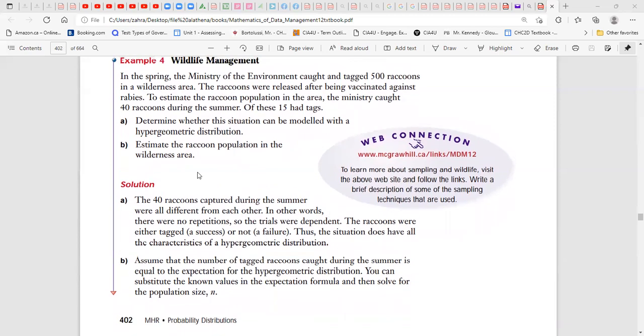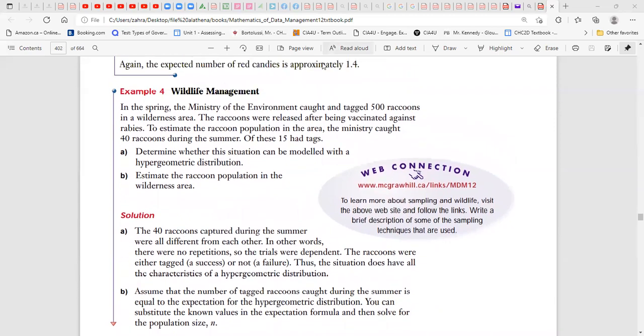Now, let's see the raccoon population in the wilderness. We know that 15 out of 40 were tagged. Now 500 are tagged, and I want to know the population here.